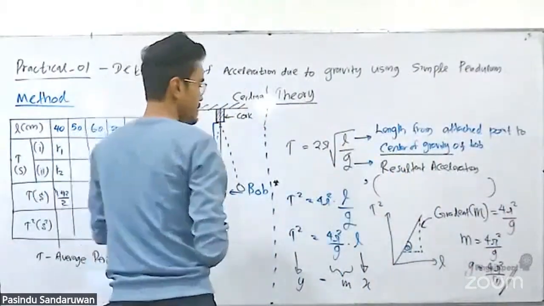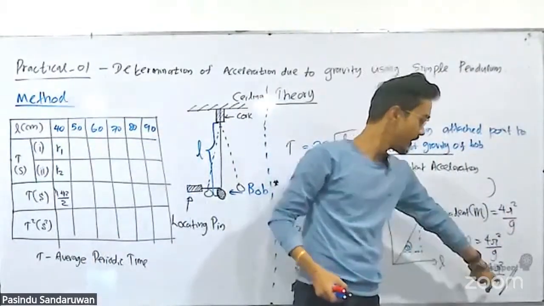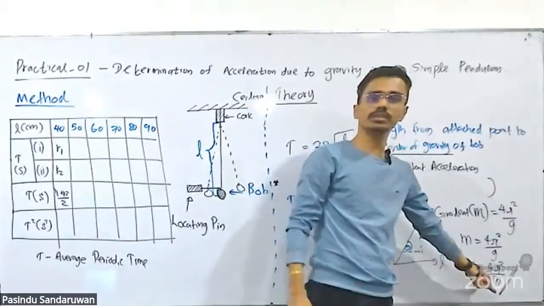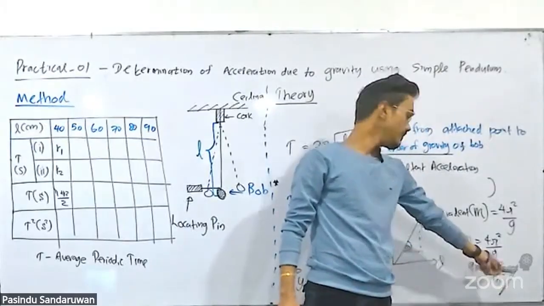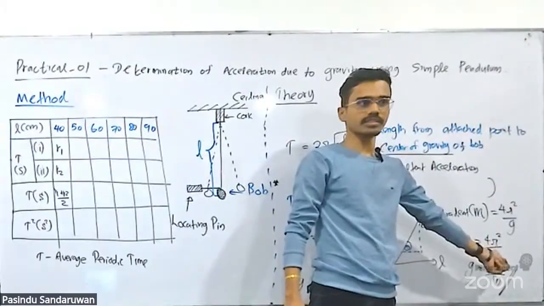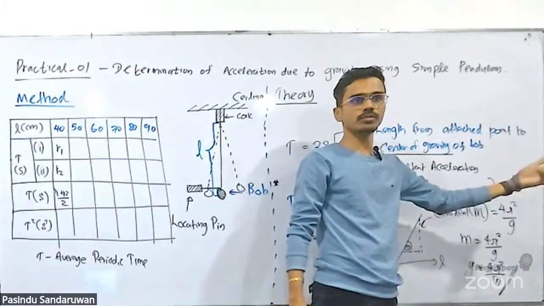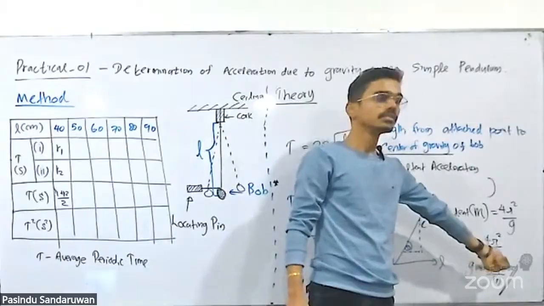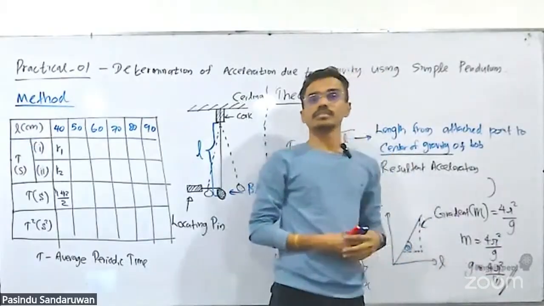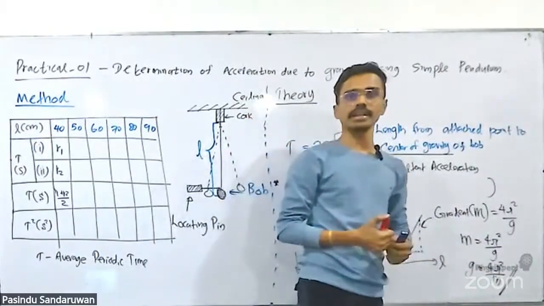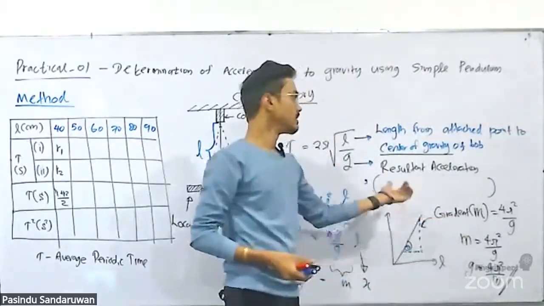Right? Under theory again. Using this, if the gradient is known, G is given by 4 pi squared over m. Pi is a known value, 22/7. Not 3.14. What's the reason? That is not an ending decimal. That's the thing, 3.14.